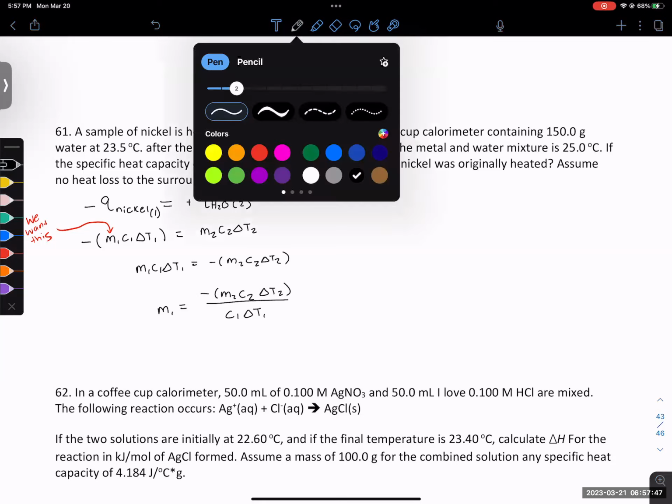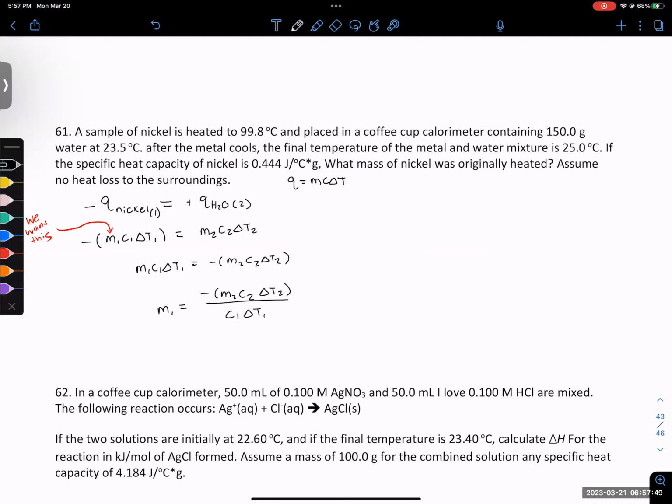All right. So let's identify everything that we have. We have the specific heat of the nickel, which is C1. Water specific heat is what? So C2 is equal to what? Say it with your chest. I hear it.